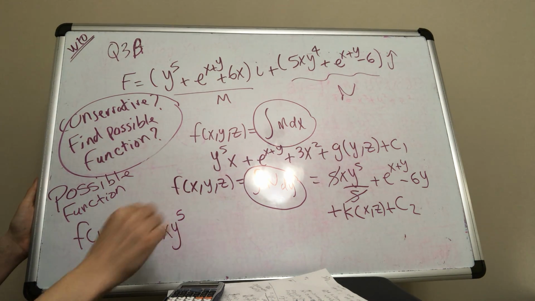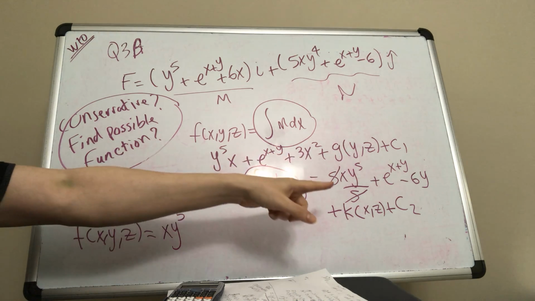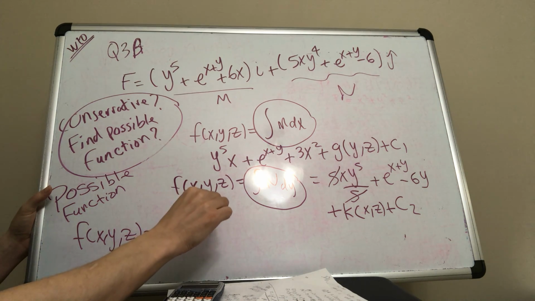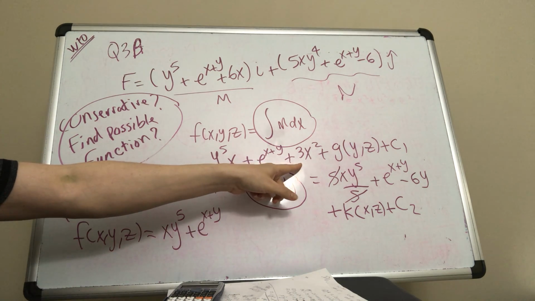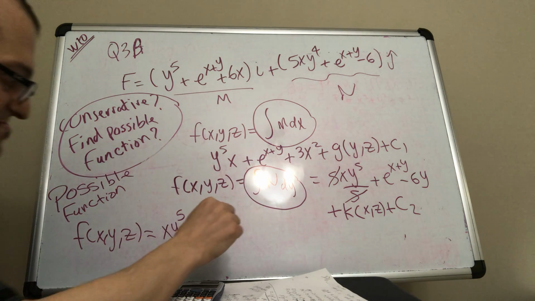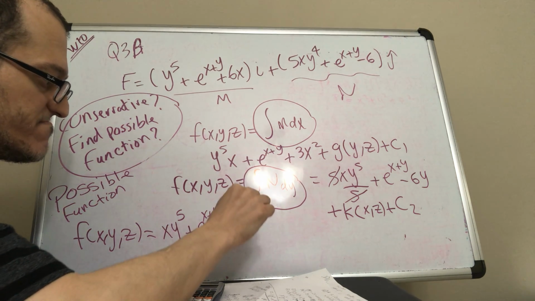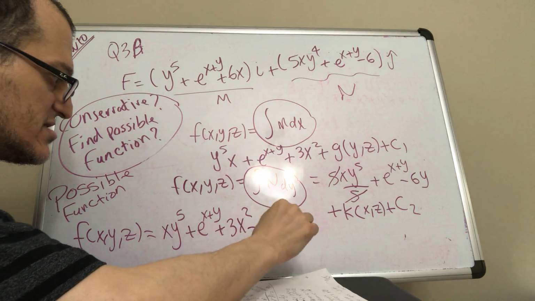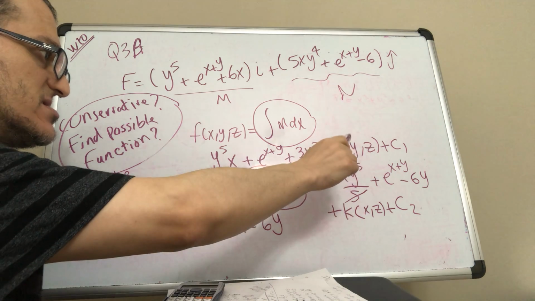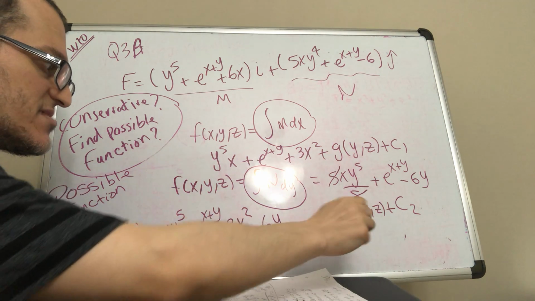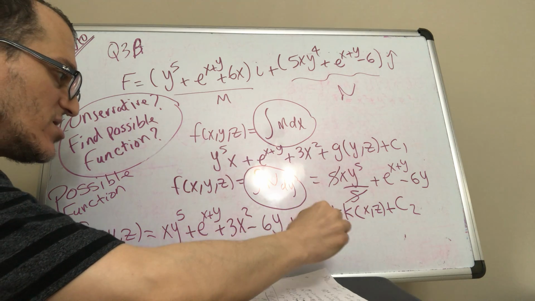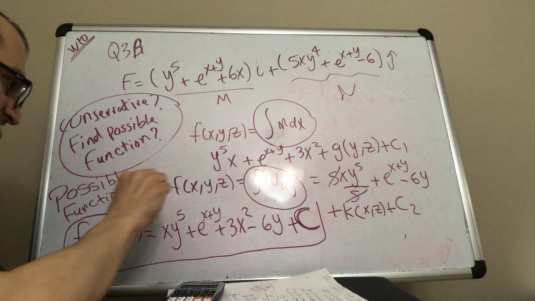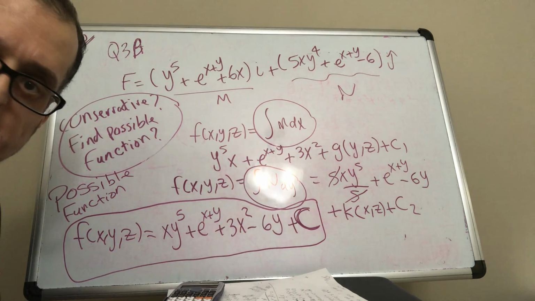The e is repeated, we need it once, e to the x plus y. 3x squared is new, so it must be there, 3x squared. Negative 6y is new, so we need the negative 6y. The z and the constant, the k and the constant, you combine them all into a big constant, and this here would be your possible function.